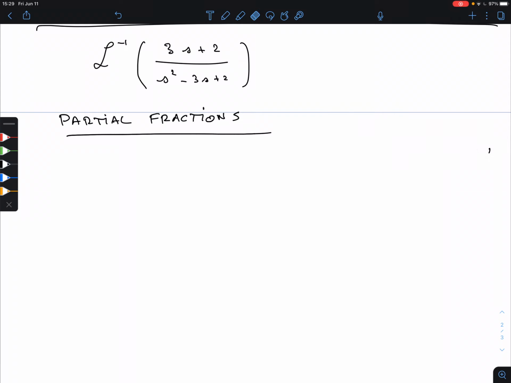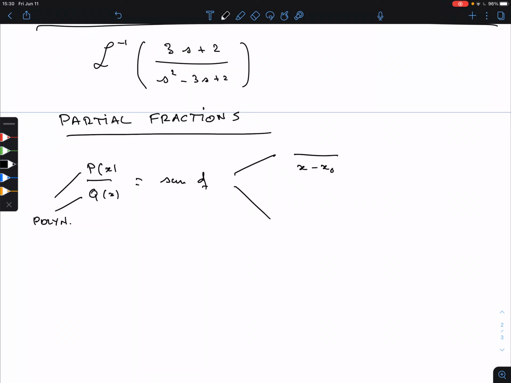So I'm going to write it again. If we have a rational function, where p and q are polynomials, then this is a sum of two types of things. We can have (x minus x0), to be a little more in the spirit of power series from chapter 7, to a certain power n, and on top we would have a coefficient.